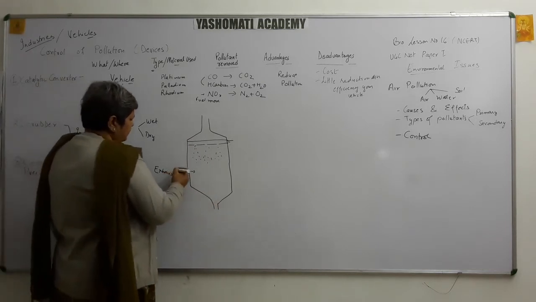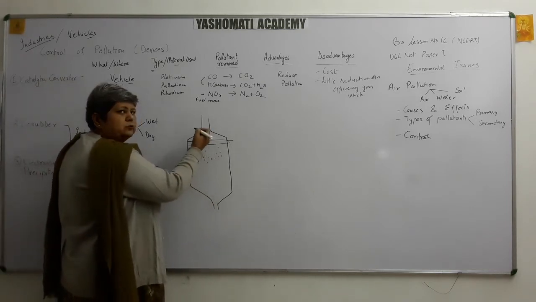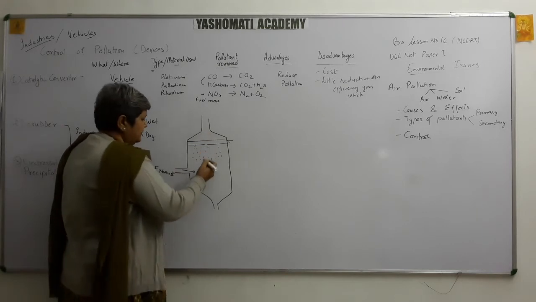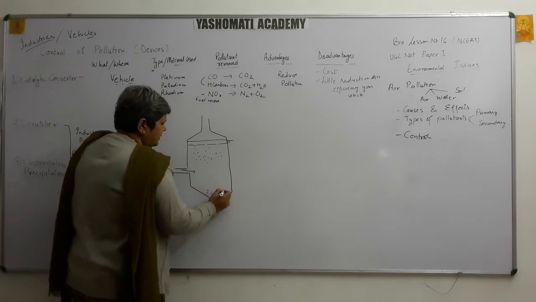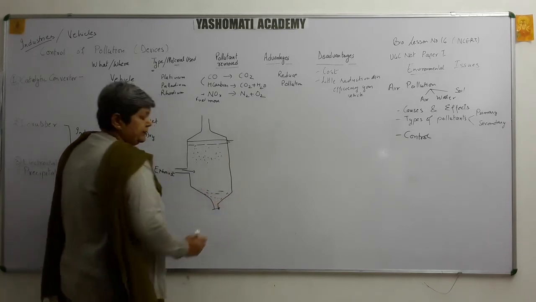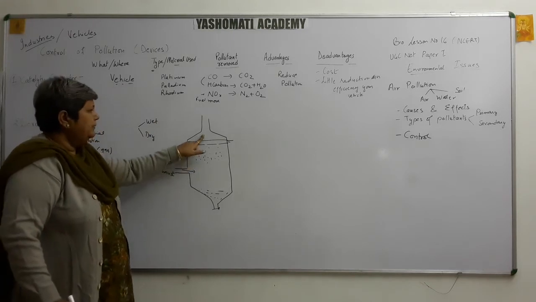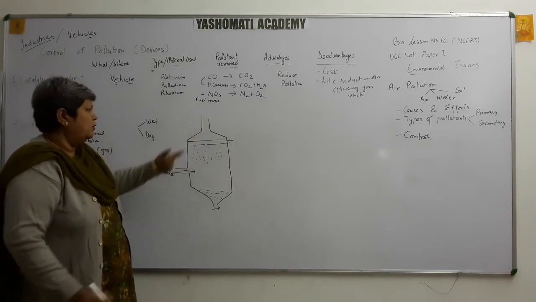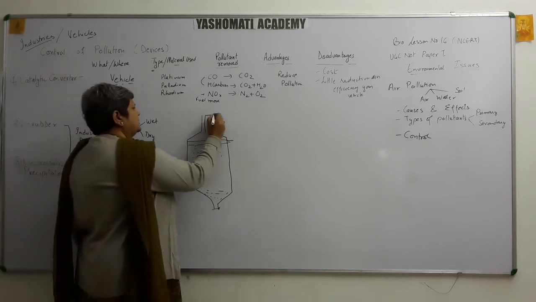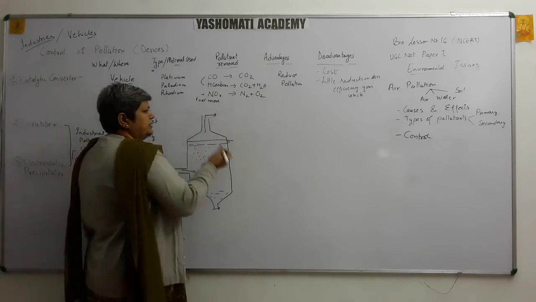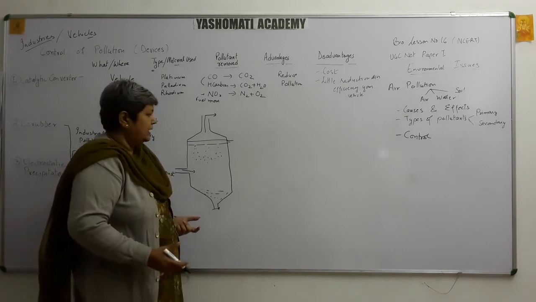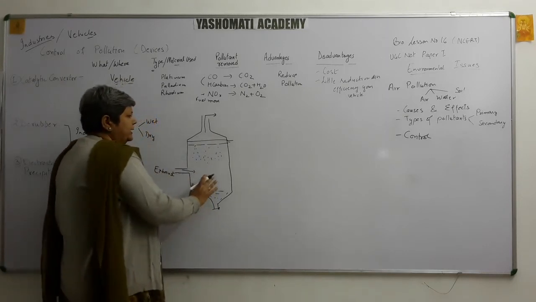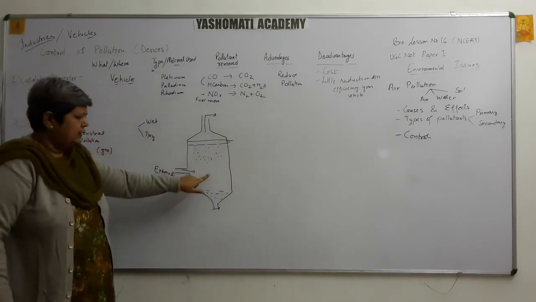So, when this smoke rises through this mist of water, the carbon particles or the soluble polluting gases are collected in the slurry, and comparatively cleaner smoke is released. We can't say that it is as pure as air, but it will be quite comparably cleaner.